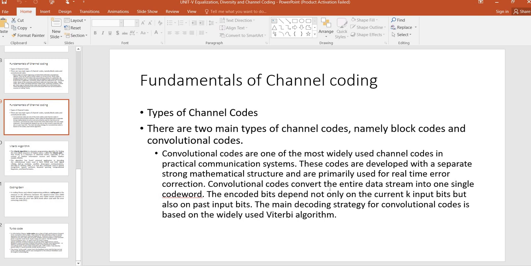Entire bit stream means there are multiple bit streams in the communication channel, and converted into one single code word means those bit streams are converted into a code word. Code word means some combination of this error correction code and some additional, redundant information is called the code word.